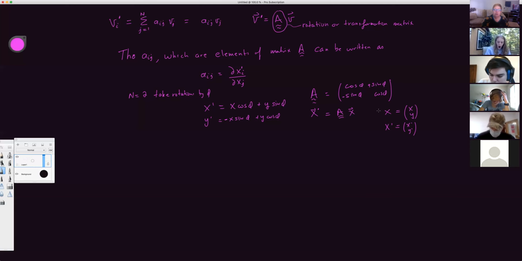Okay, so let's look at this definition of A with its partial derivatives. All right, so this says that A_ij, if we say, let's look at A_11. Okay, what's A_11 according to that formula? It's partial x prime 1 over partial x 1, right? Okay, so remember that x prime 1 is just x prime, and x prime 2 is y prime, and x1 is x, and x2 is y, right?